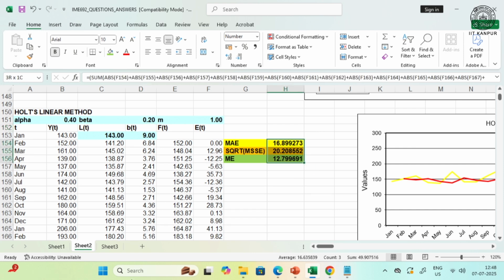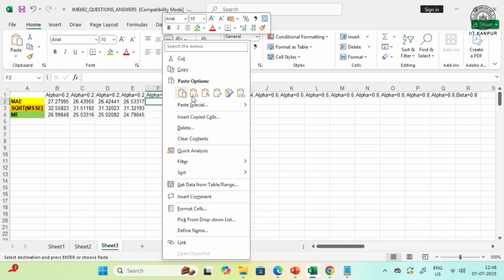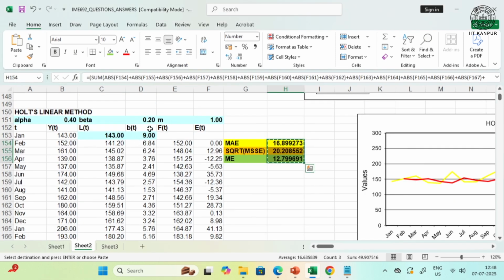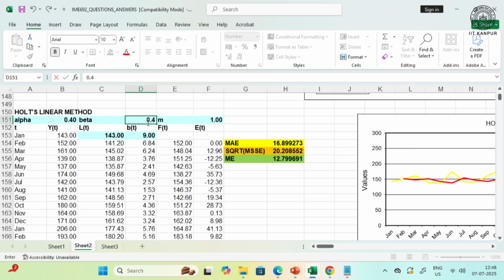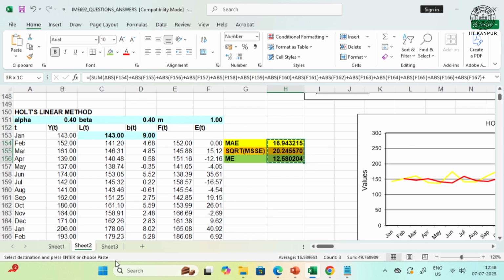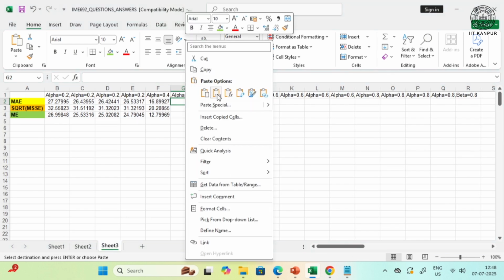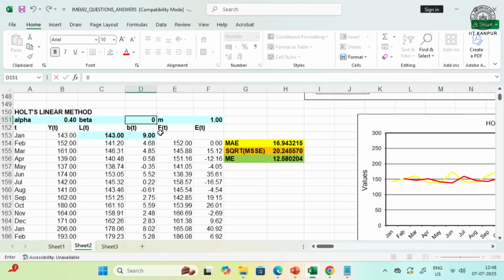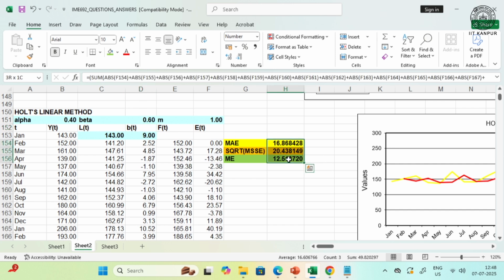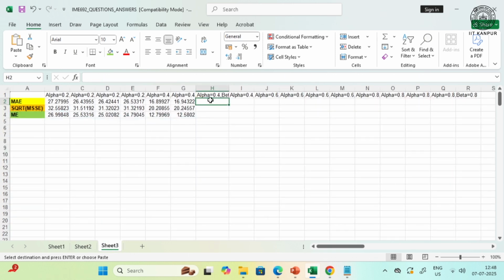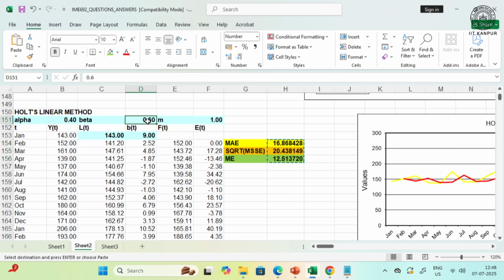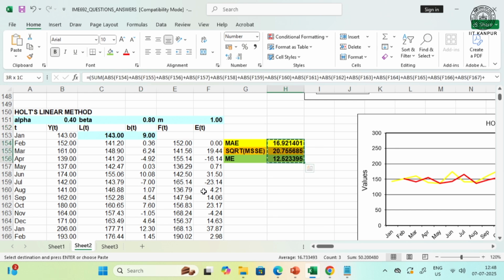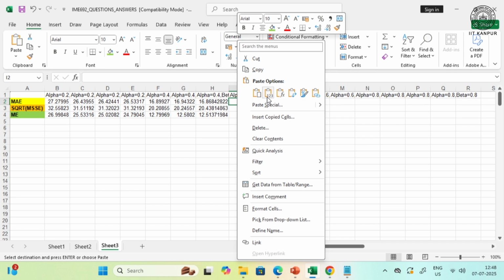So I copy these values directly in column F. Then I go to beta changing to 0.4, values copied, then pasted in column G. Then beta changed to 0.6, values copied, pasted in column H. Now beta 0.8, the last value in the set for alpha 0.4, copied, pasted, done.